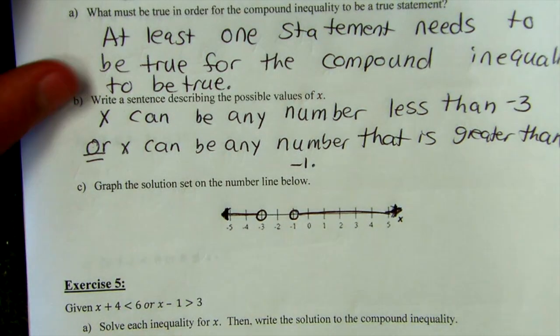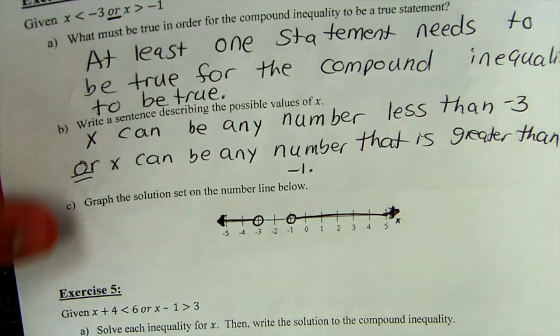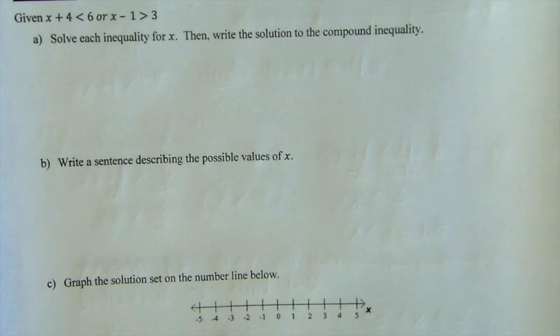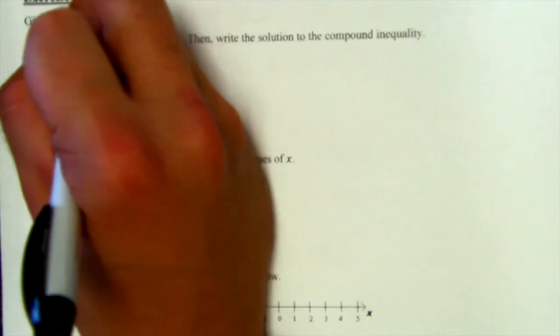So now let's move on to exercise 5. It says given that x plus 4 is less than 6, or x minus 1 is greater than 3, they want us to solve each inequality for x and then write the solution to the compound inequality. So we're going to start with x plus 4 is less than 6.